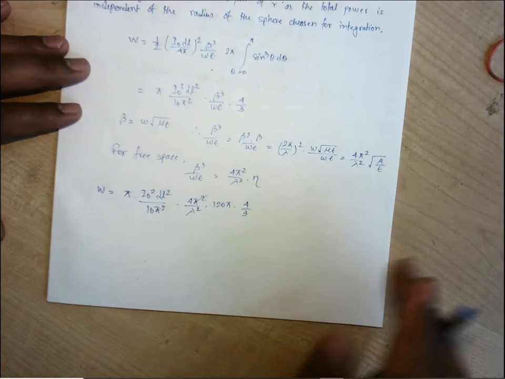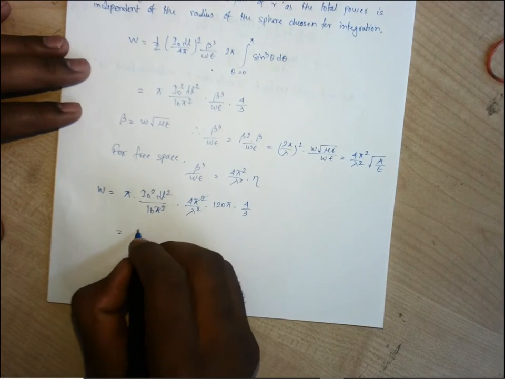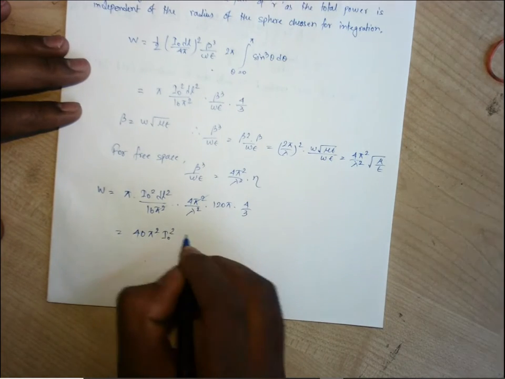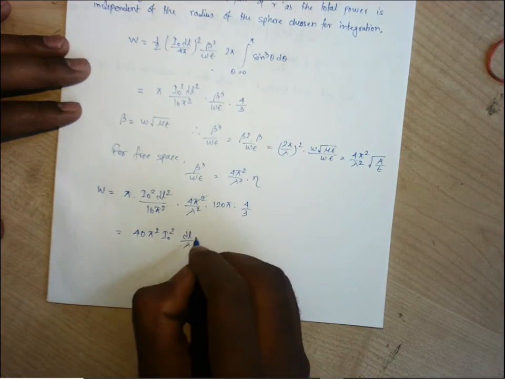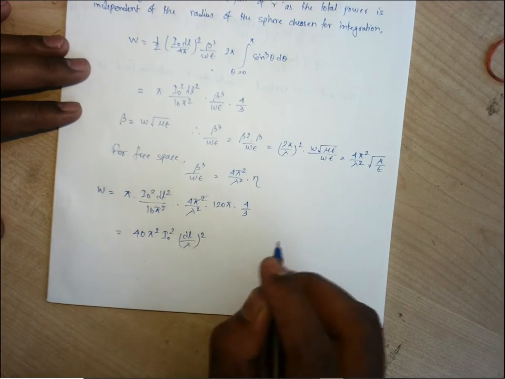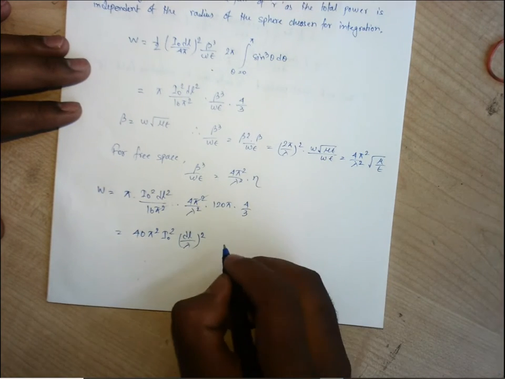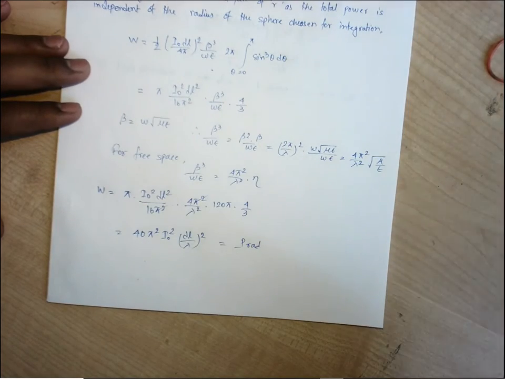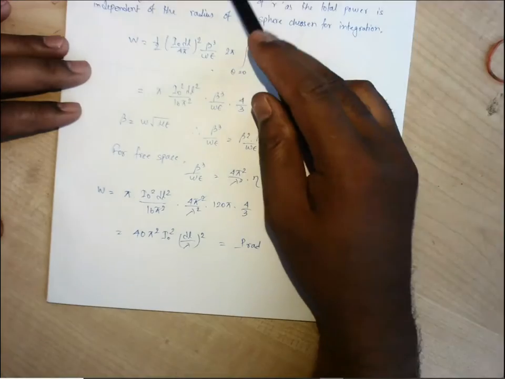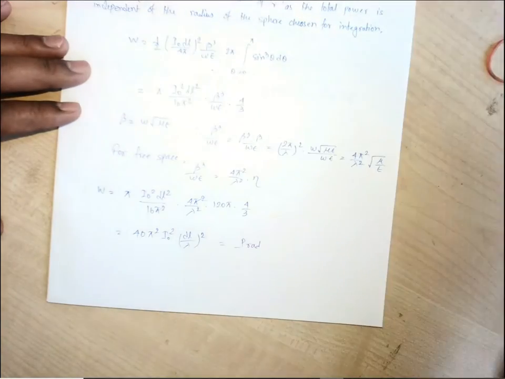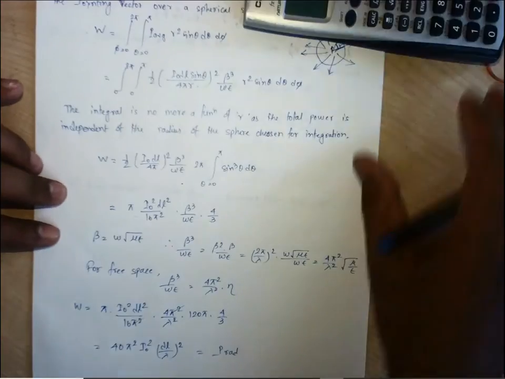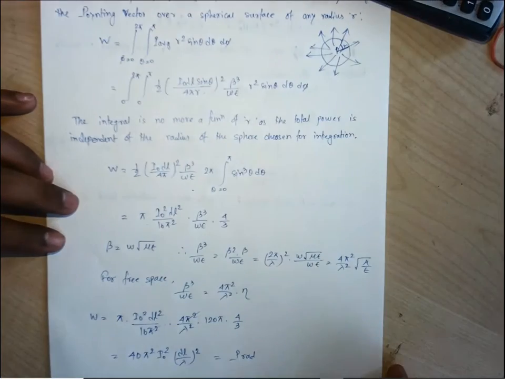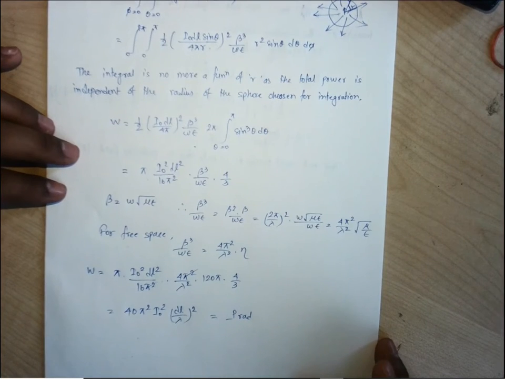So it can be written as 40 pi square I naught square (dl by lambda) whole square, which is the P radiated power. We have taken the P average and integrated over the total surface.